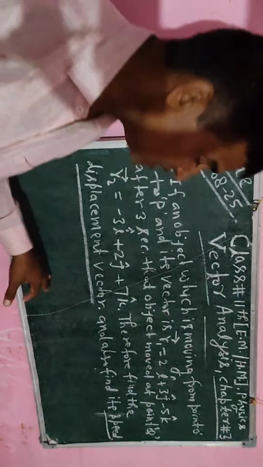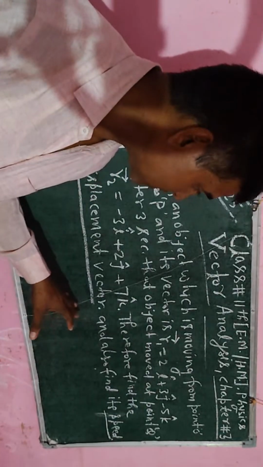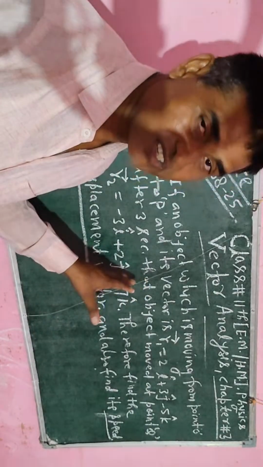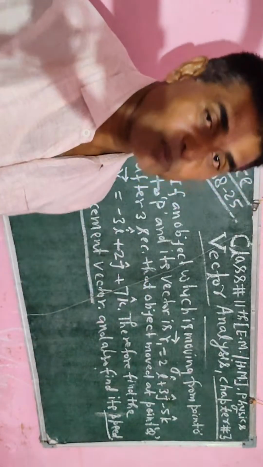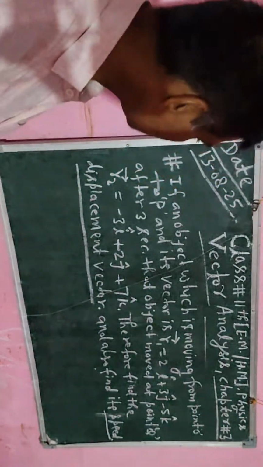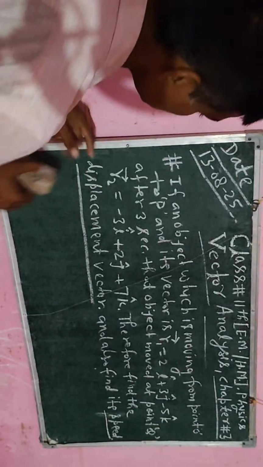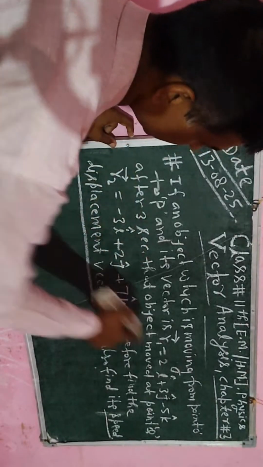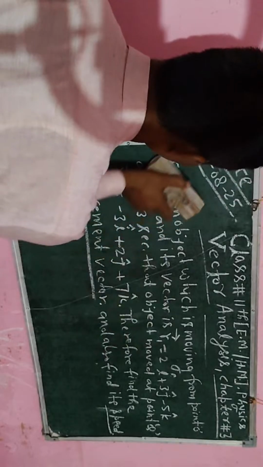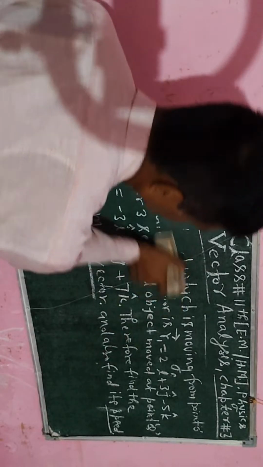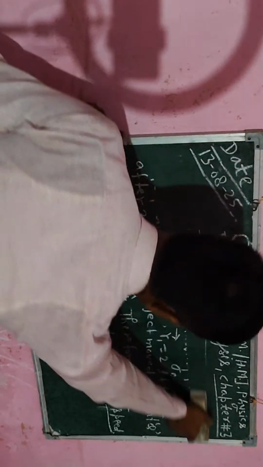Okay, because there is no space here, I will keep the important information which is necessary and erase the other information. Okay students, first of all we have to know this position vector. Here I will say position vector r1.